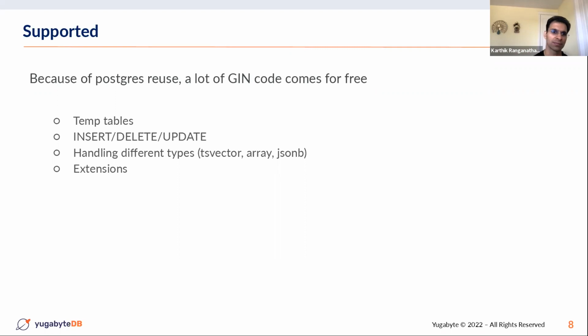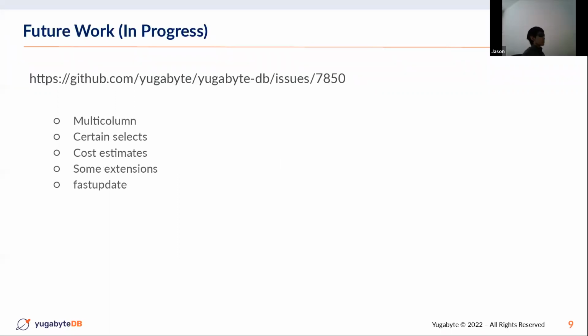What does not work? Some things that we still have to do, you can find in this roadmap tracking GitHub issue, but I list them here. There's multi-column support. Right now you can't create a Gin index over multiple columns. And certain selects don't work. Right now it's mostly point selects on the index.